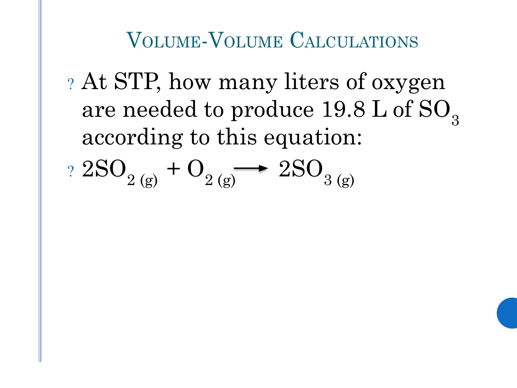Okay, 19.8. Okay, so I'm going to write 19.8 liters under the SO3. And then what are we solving for? Good. Okay, so under oxygen, I'm just going to put that question mark. That's what we're looking for. And unit is liters. Can you all see that light blue?